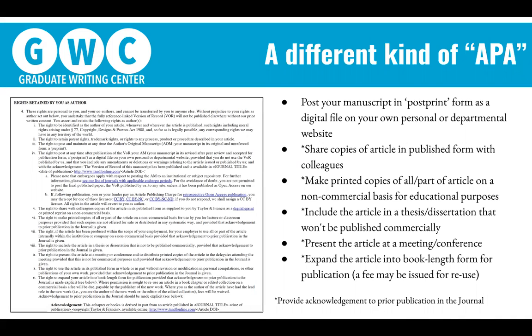You also have the right to post the post-print form of your manuscript as a digital file on your own personal or departmental website. This post-print form, however, is different from the version that gets published that has all the references linked and all. So that published version is one where you would have to get permission to have it posted on your own personal or departmental website.